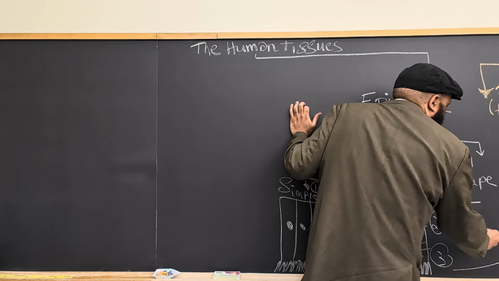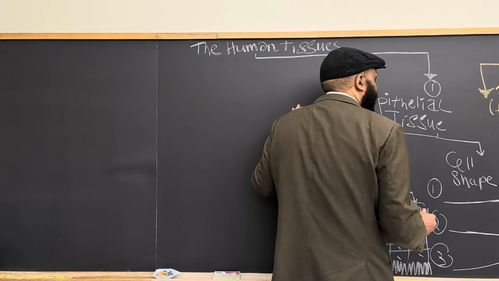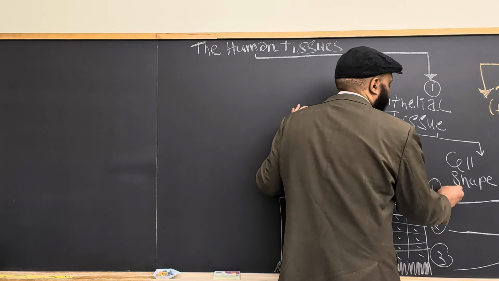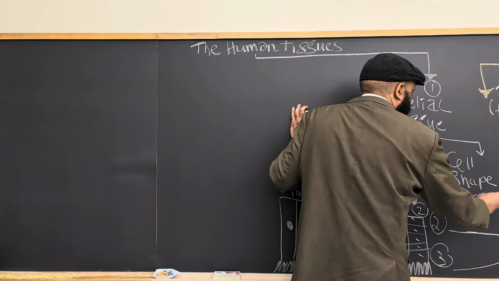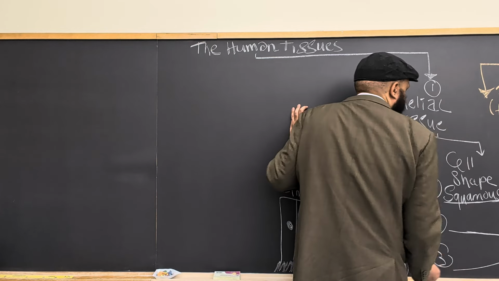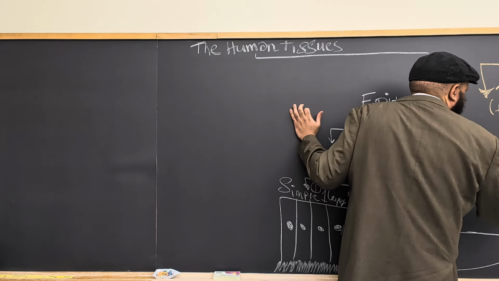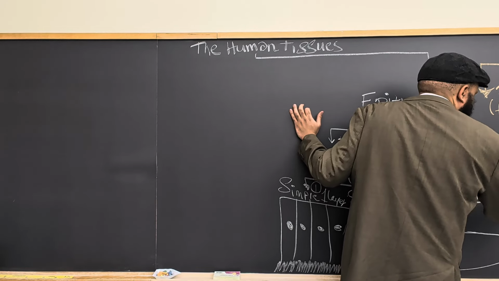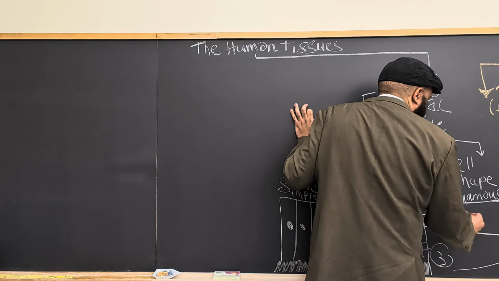What's the first type of cell shape in epithelial tissue? That's called the squamous. And squamous means flat, scaly, egg sunny side up, like this.